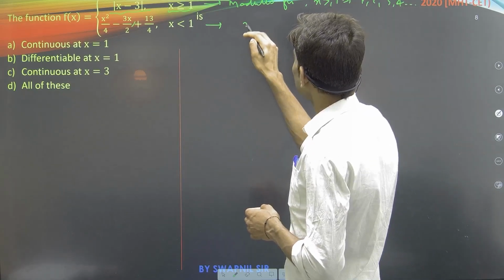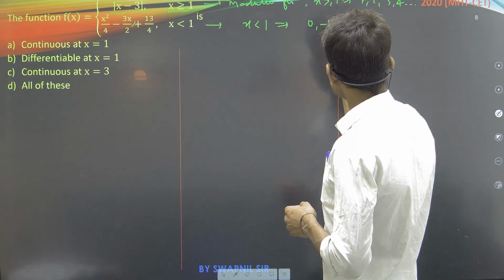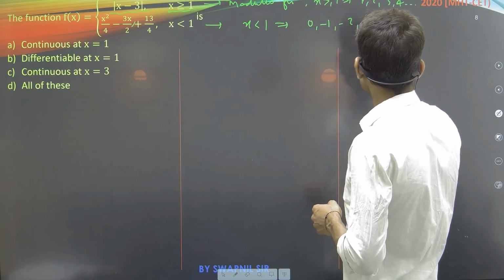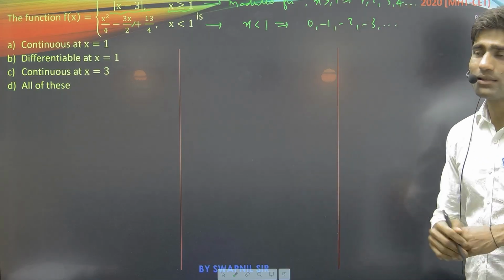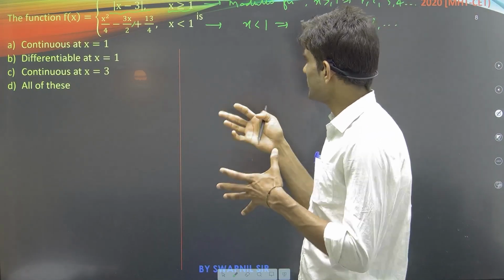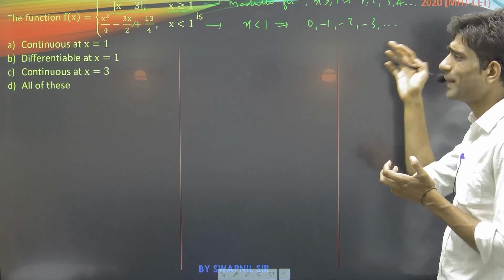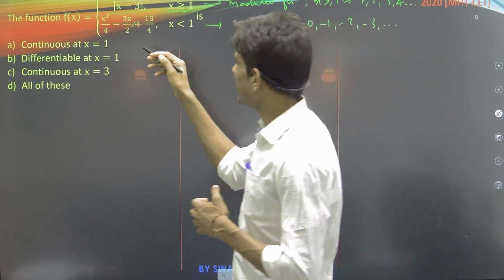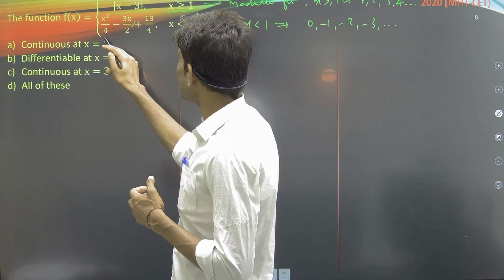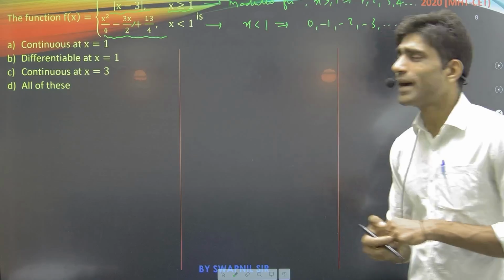That means whenever we consider the values of x as 0, -1, -2, -3 and so on, we have to consider f of x as x square by 4 minus 3x by 2 plus 13 by 4.